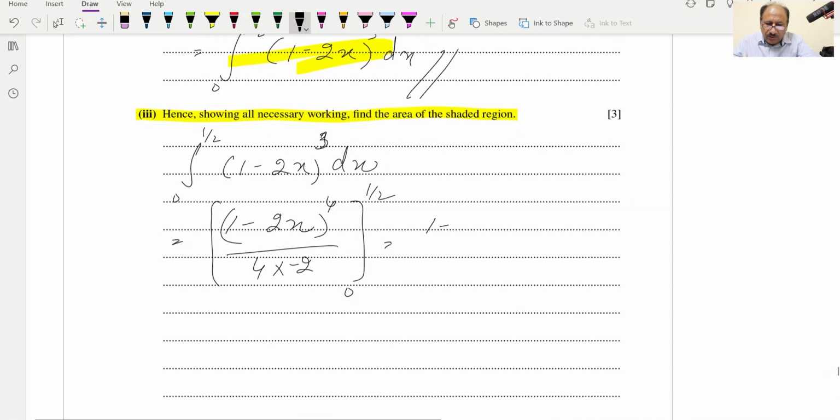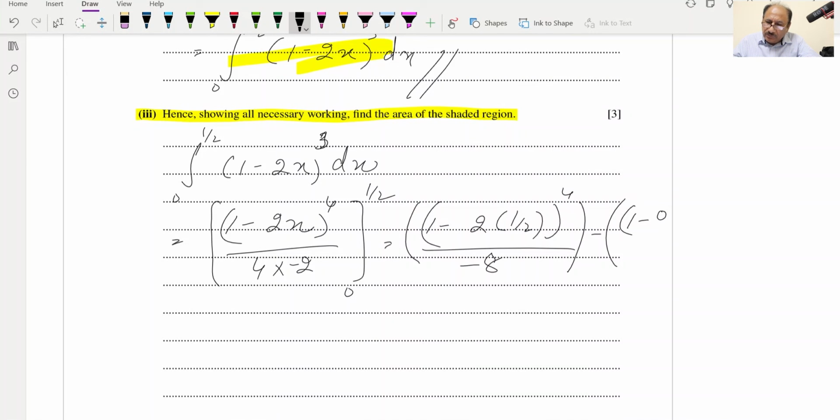We replace the upper limit first, so it will be (1 minus 2 into the upper value) to the power 4 over, this will be minus 8, and the lower value will be what? The lower value will be minus, this will be 1 minus 0, and the whole raised to 4 over minus 8.